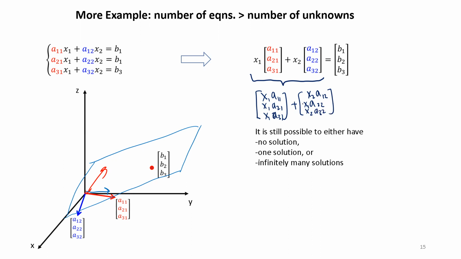Then these two column vectors add together component by component, giving another column vector, which is x1 a11 plus x2 a12, x1 a21 plus x2 a22.